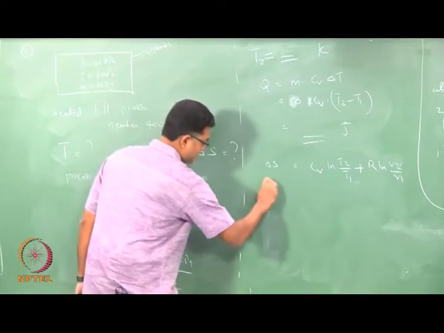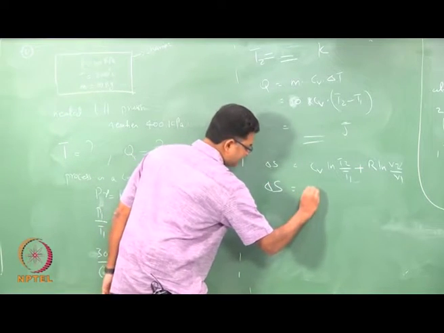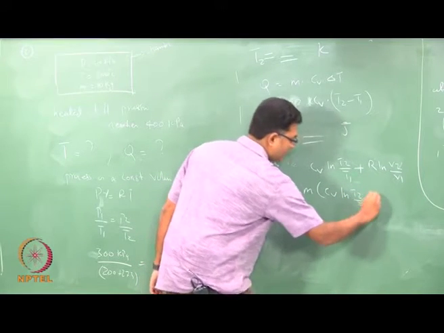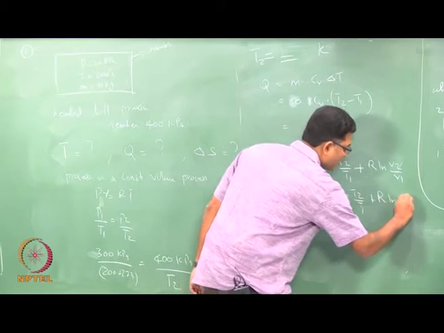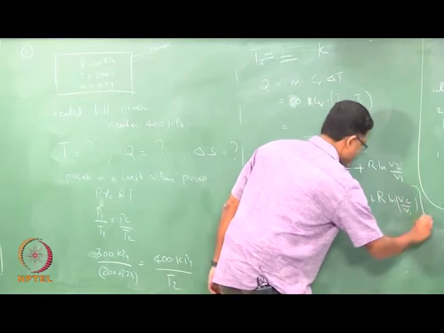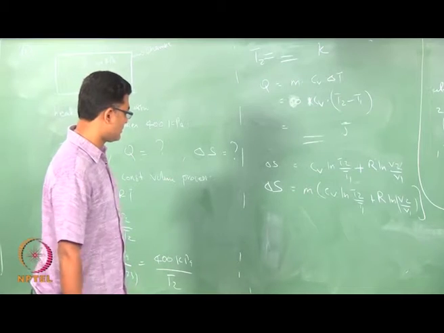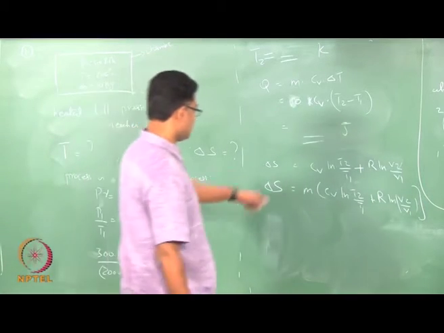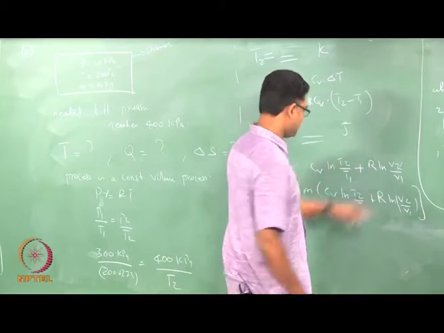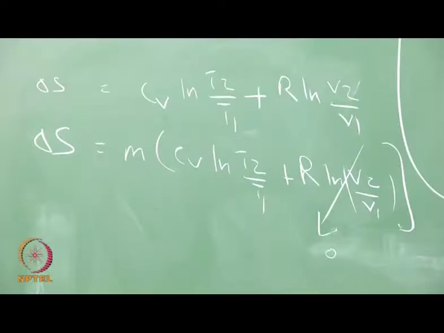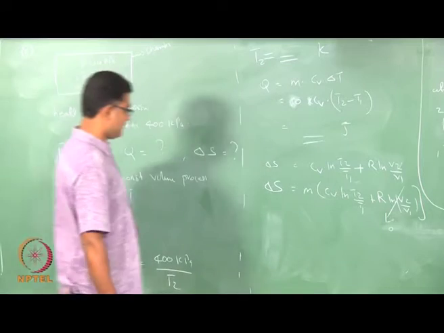So, if you want the total entropy change, you multiply this with M, which is ln T2 by T1 plus R ln V2 by V1. Okay. Since it is a constant volume process, V1 and V2 are same, so this would get cancelled out, and what is left is this.